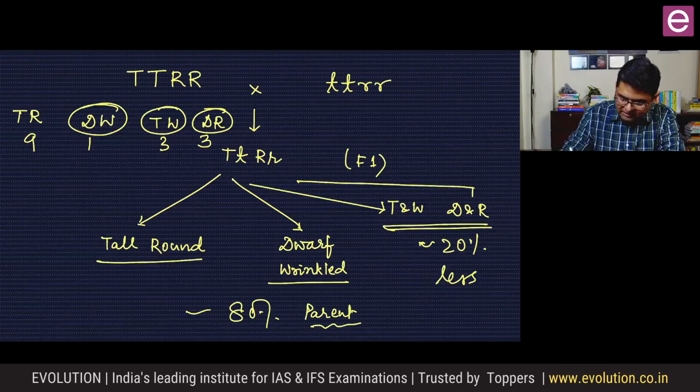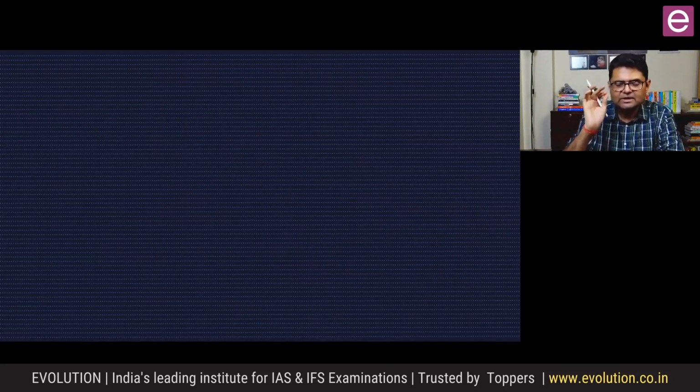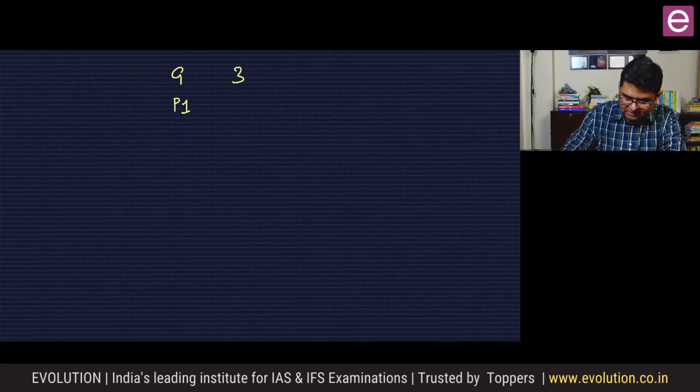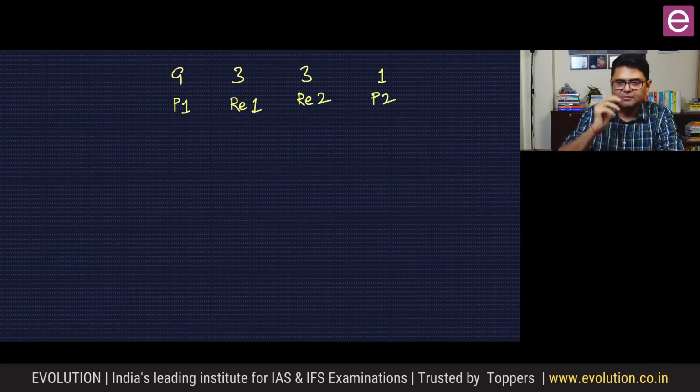If you see, and we are going slowly around that, in independent assortment, 9 is the dominant parental type, 3 is recombinant, another 3 is recombinant 2, and 1 is what? 1 is parental type 2.